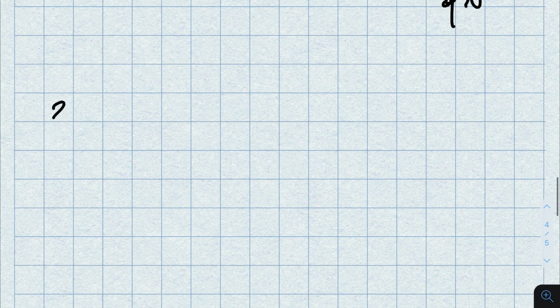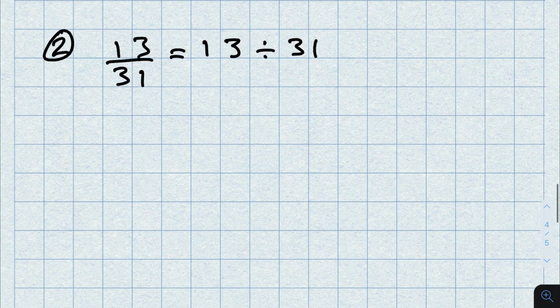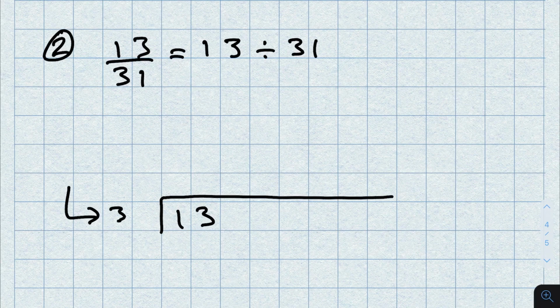Let's try method 2. Remember, we're trying to do something with 13 over 31. Well, method 2 says that 13 over 31 is the same as 13 divided by 31. And then I can quickly resort to my written methods and say that 13 divided by 31, we know it's not going to go into 13, being larger than 13, of course, and we're going to go straight into decimals.